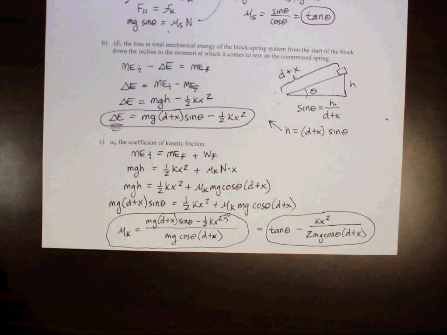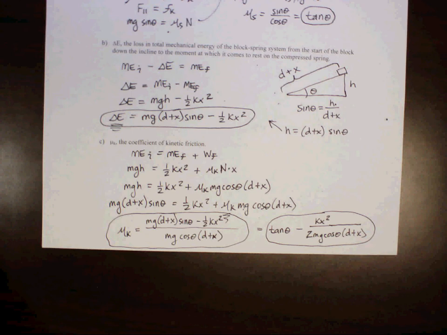So I suppose you could get tangent of theta, since sine over cosine is tangent, and then minus kx squared over 2 mg cosine theta d plus x. So I suppose this is an equivalent answer, but that doesn't seem like it's any simpler.